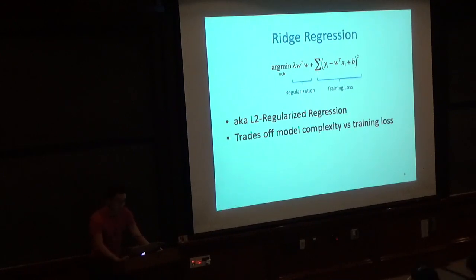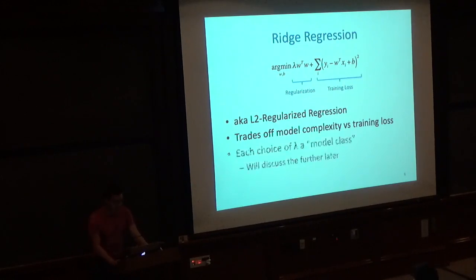And the lambda here is a hyperparameter that you set that controls this trade-off. So how much do you care about one versus the other? And as we will see, each choice of lambda gives us a new model class. So in a sense, when we do cross-validation, one of the things we're doing is setting the lambda.